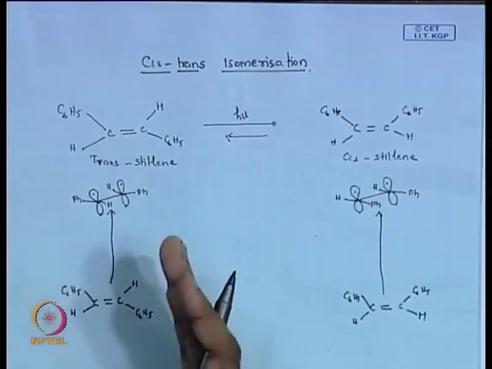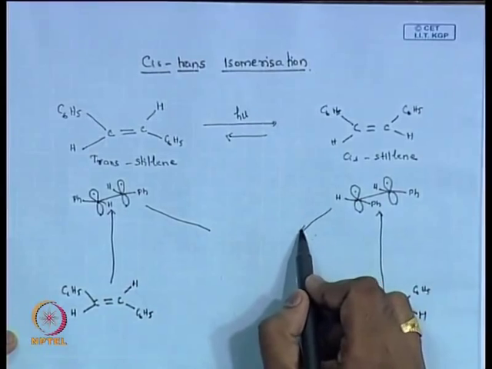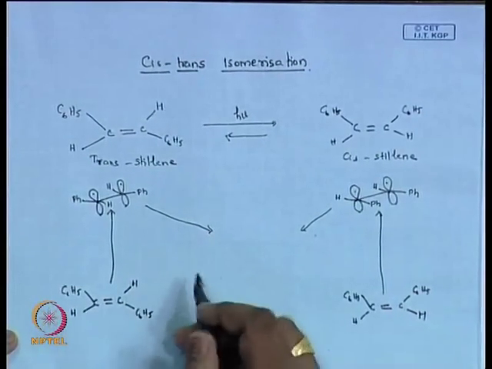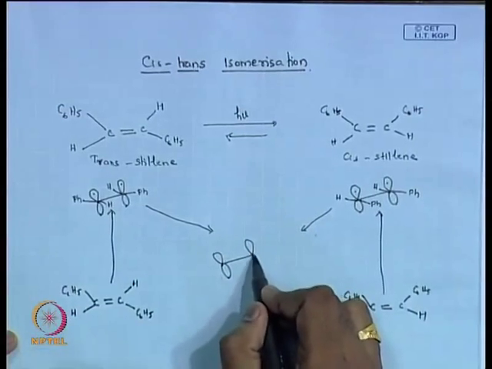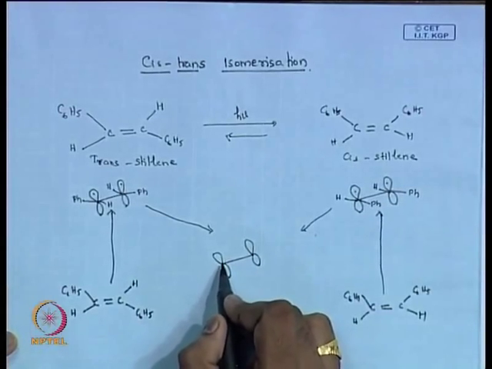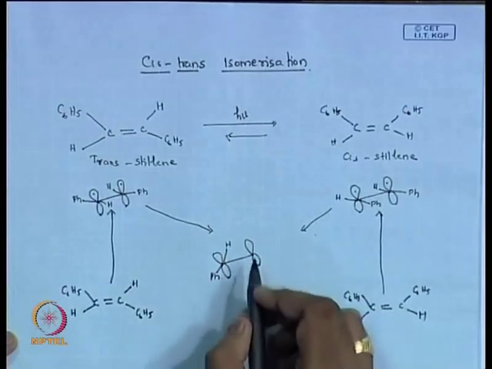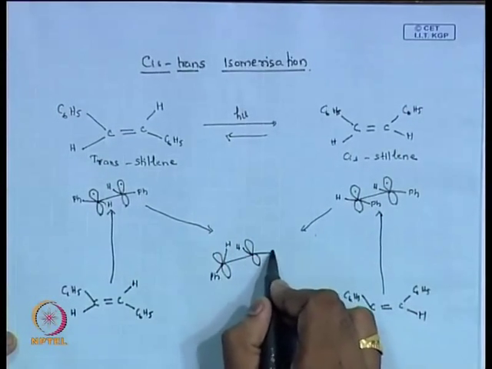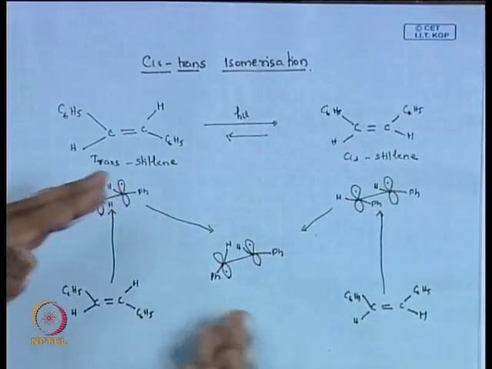Once it gets to the excited state, it undergoes a relaxed geometry form. So, it undergoes a type of rotation. If these two are undergoing a type of rotation, you will end up with a common intermediate. So, just turn this around.